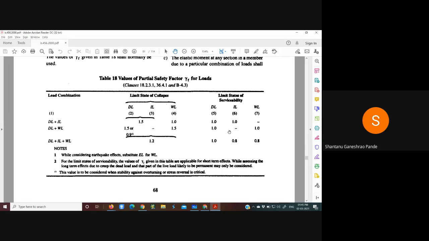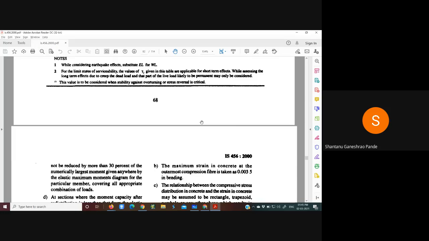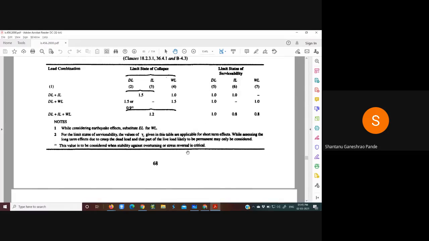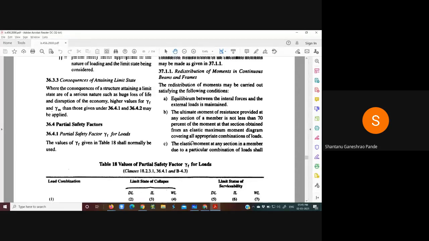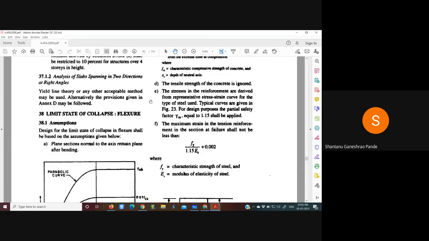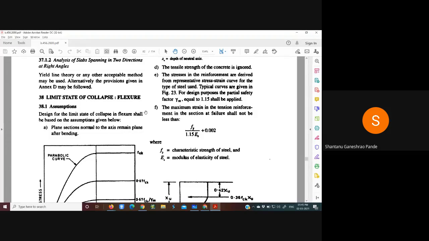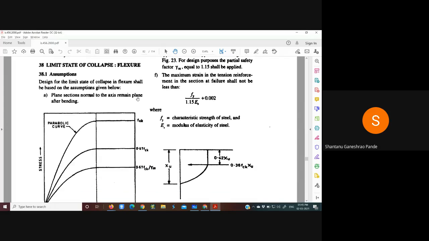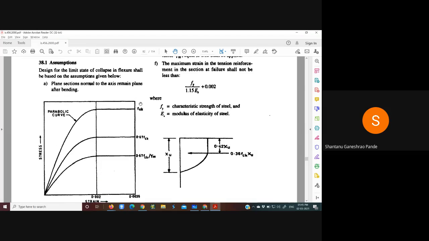For strength, the partial safety factor will be 1.5. Now these are the assumptions related to limit state design philosophy. We have seen assumptions for WSM; similar to that, these are assumptions for LSM.